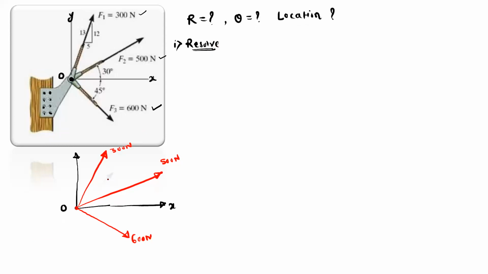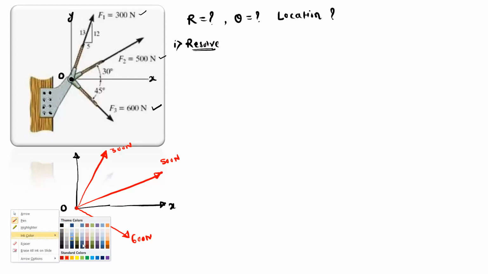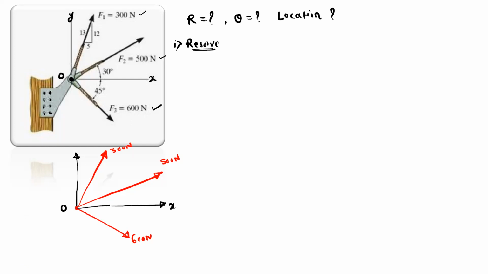So when we resolve the force, you can resolve the force at any point along the line of action. You can resolve all the forces at this point where all the forces are acting. But if you resolve the forces at this point, all the components, that is the components of 300 Newton, 500 Newton, and 600 Newton, will overlap.